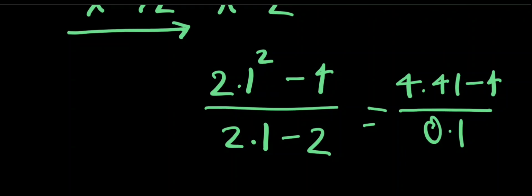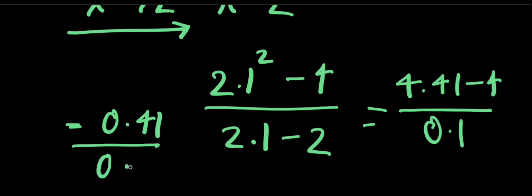So 4.41 minus 4 equals 0.41, divided by 0.1, which is equal to 4.1.